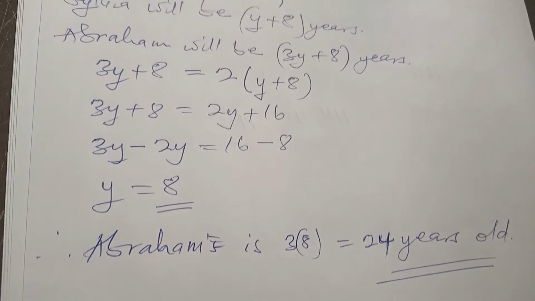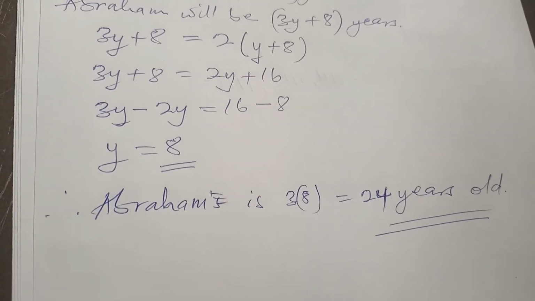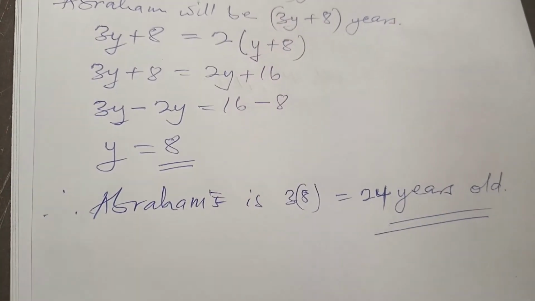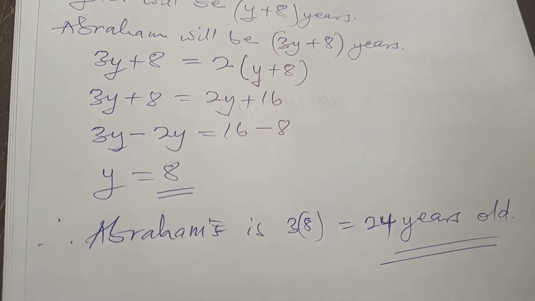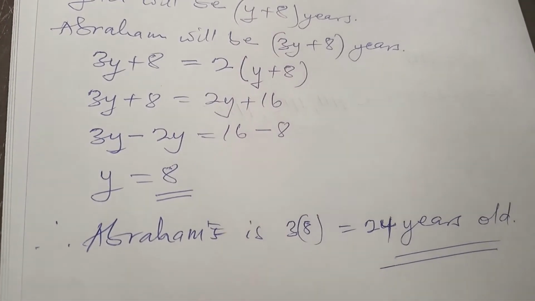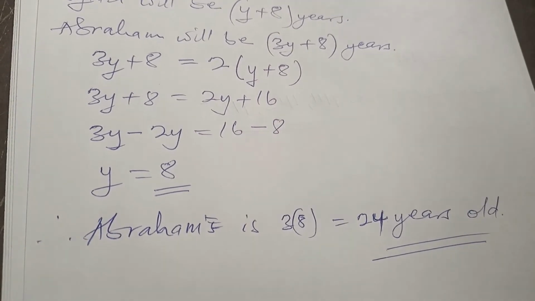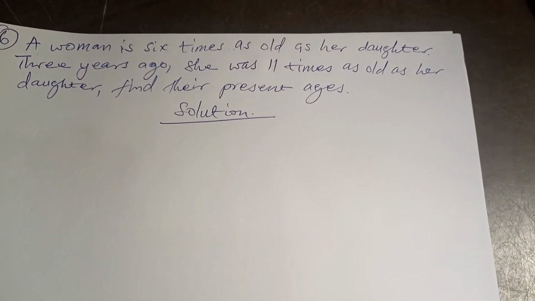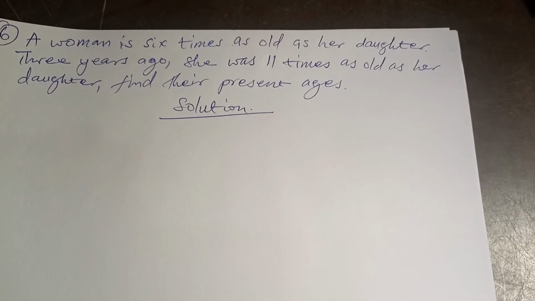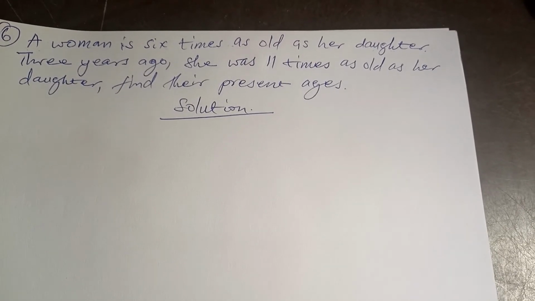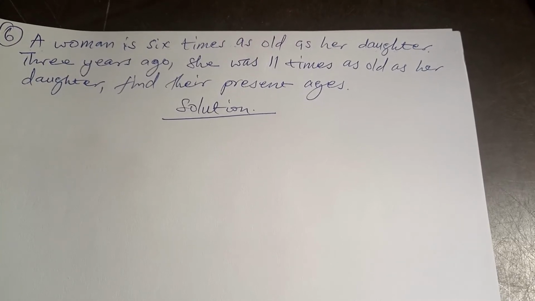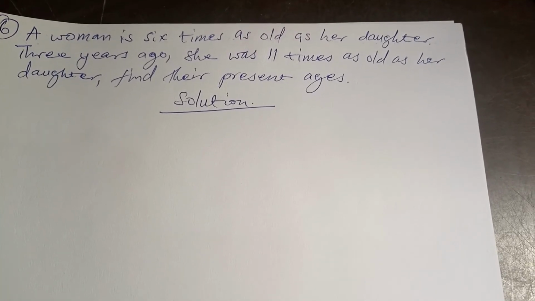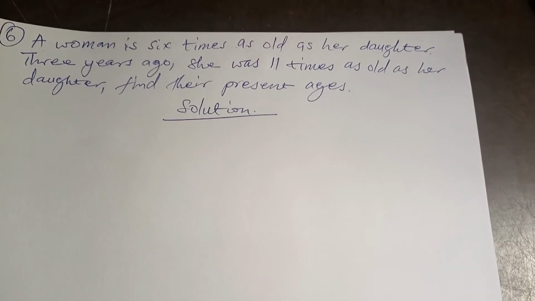So ours is for us to read the question well and extract the very vital information from it to form our equation. Let's take one more example. Question 6 is, a woman is 6 times as old as her daughter. 3 years ago, she was 11 times as old as her daughter. Find their present ages.